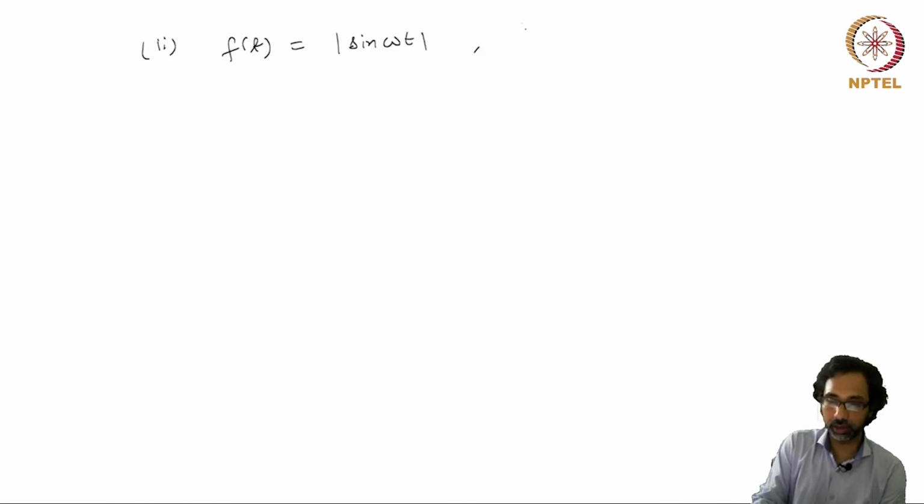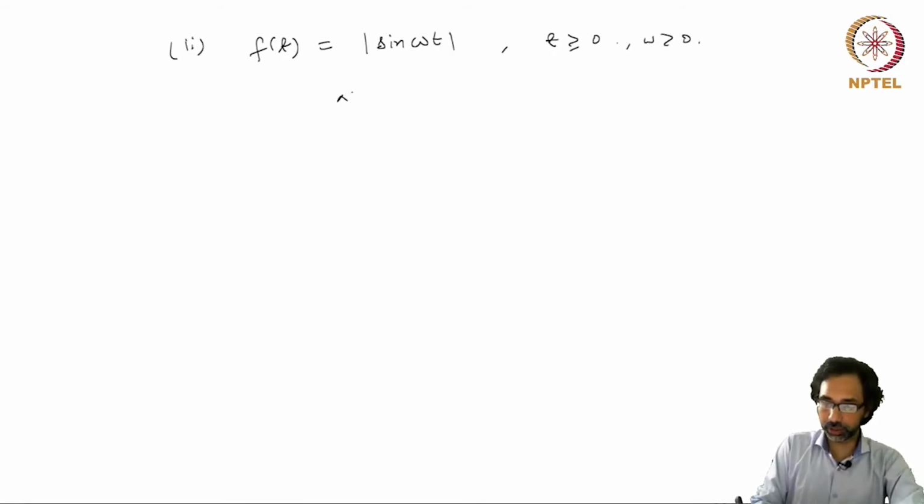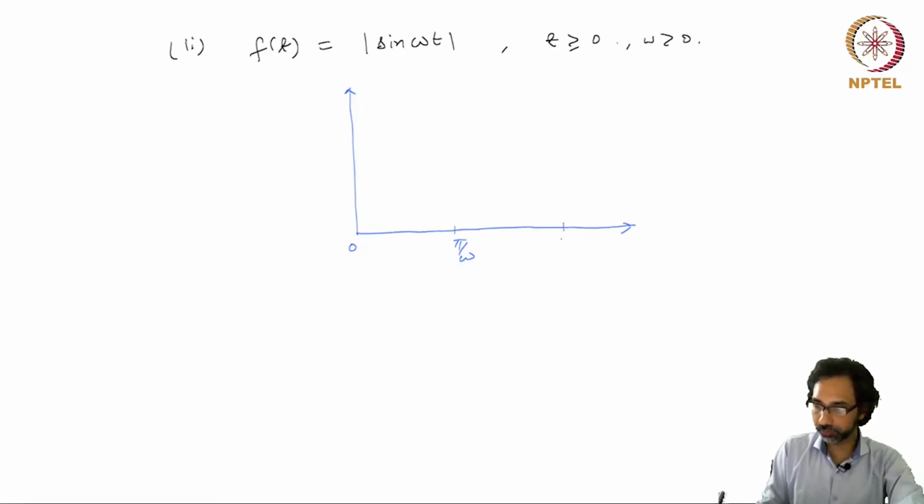Let's look at another periodic function f(t). This is modulus of sine omega t for t greater than or equal to 0. So the graph of this function looks something like this. You have 0, pi by omega, and then 2 pi by omega, and so on.